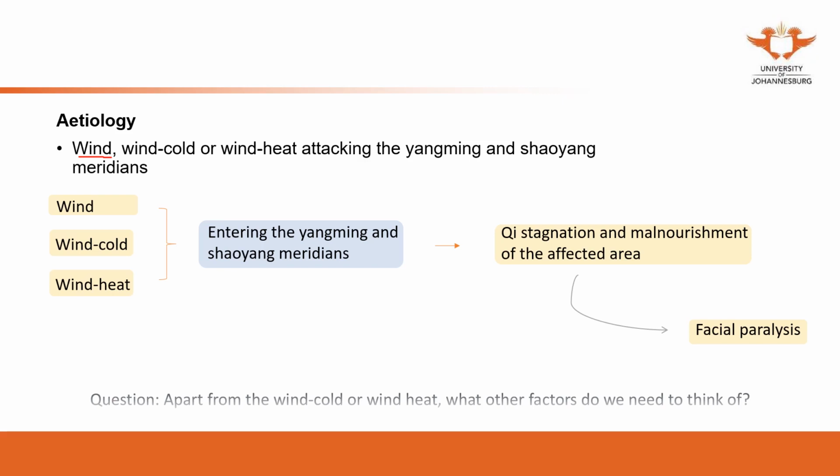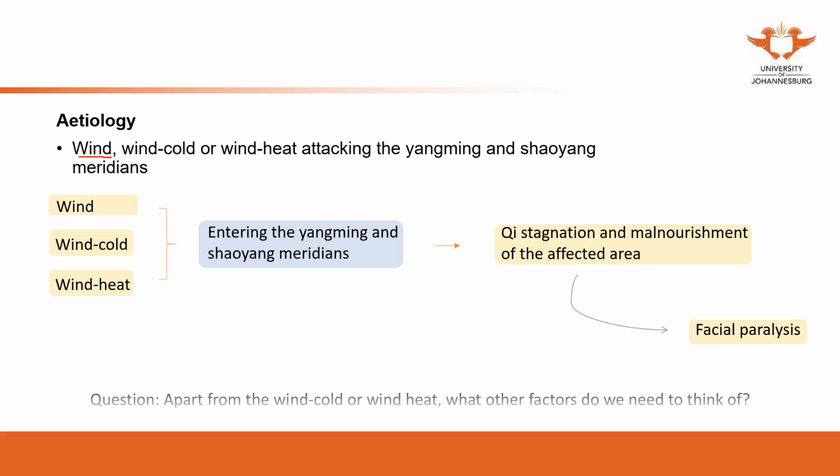You were in the same environment. The only difference is the body constitution. That's the antipathogenic qi. That's why in our treatments, apart from focusing on wind cold or wind heat as specific pathogens, you can also sometimes see phlegm or dampness. These are just examples. You need to analyze from case to case.